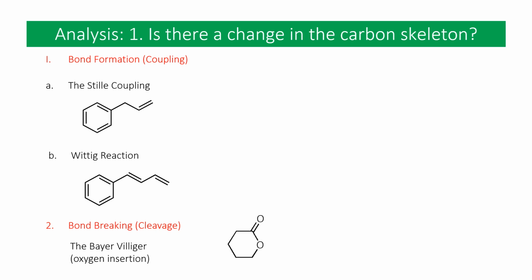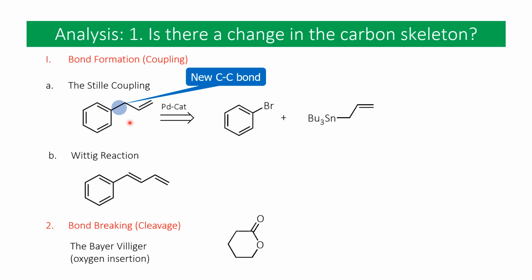Herein, we can see that in this first material, we can have a disconnection which occurs here at this carbon-carbon bond, i.e. a coupling. We could put it down to a Stille coupling, and so these would be our starting materials. You can see here, for example, another disconnection.